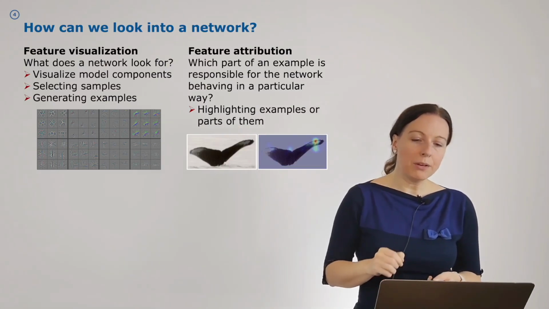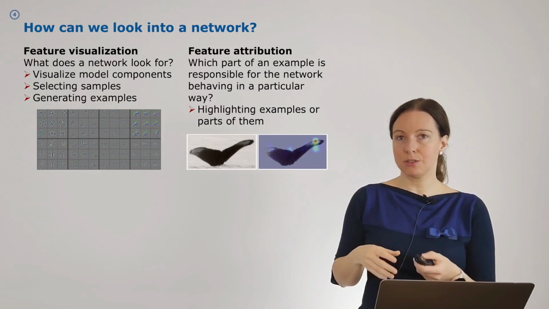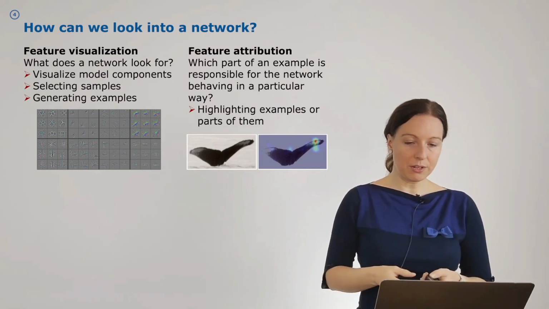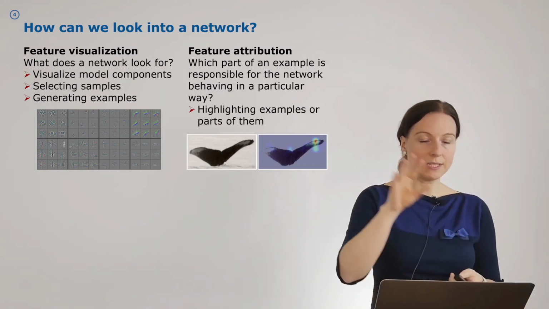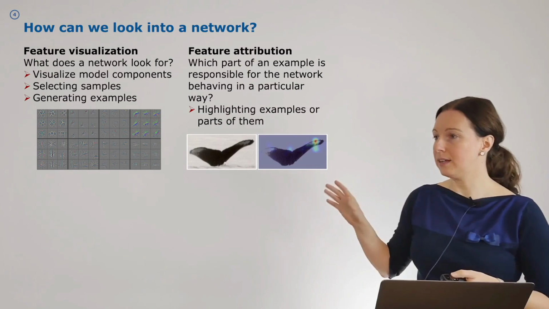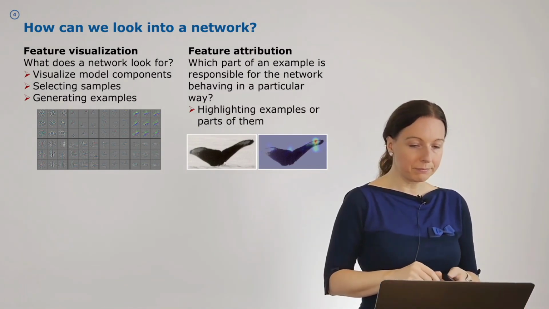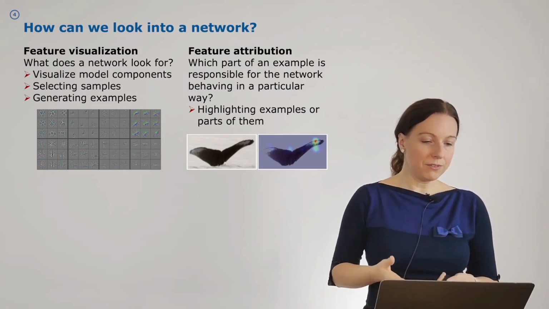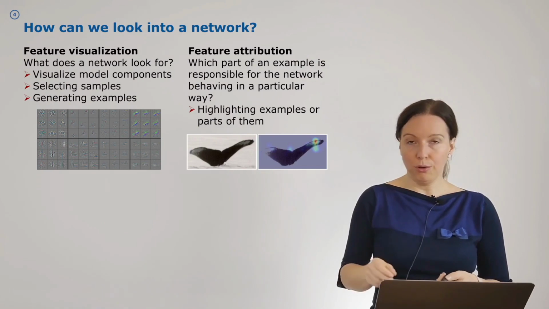So let's think about how we can look into a network. Within the last years, 2 big research directions have evolved to tackle this challenge. One is feature visualization, and the other one is feature attribution. Here they are listed with 2 examples. For feature visualization, we focus on the question: what does a network look for?